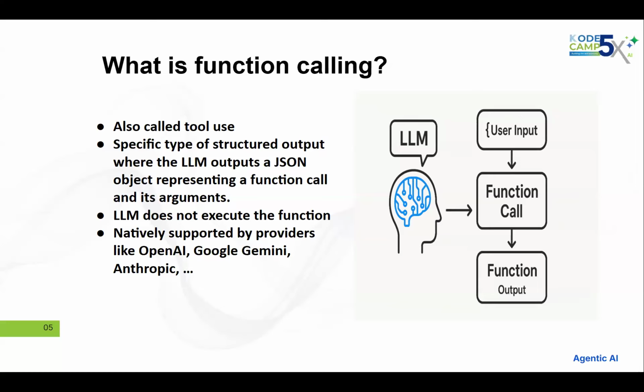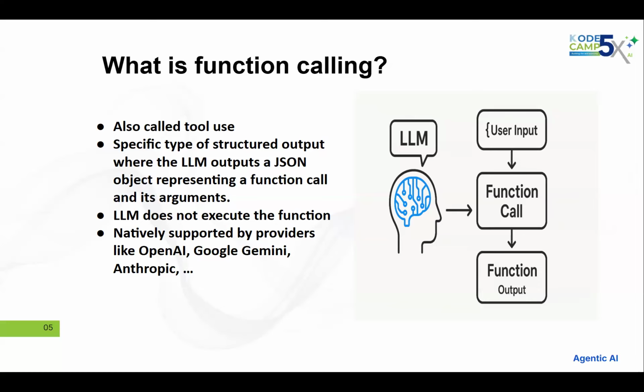The job of an LLM in function calling is simply to reason about the intent, to evaluate the prompt, the instruction it was given, and to determine whether a function call is necessary, and if so, which function should be called based on the functions that are available to it in its environment.